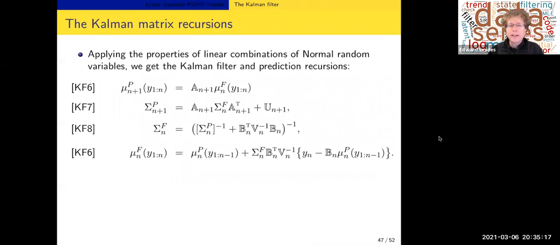Here are the famous Kalman matrix recursions, which can be derived by applying the properties of linear combinations of normal random variables to the general POMP recursions. We get KF6, KF7, KF8, and I guess this bottom one is KF9.